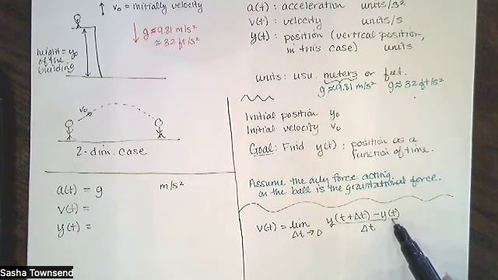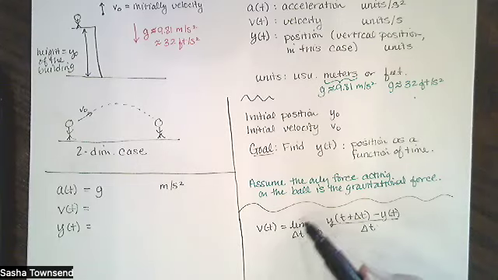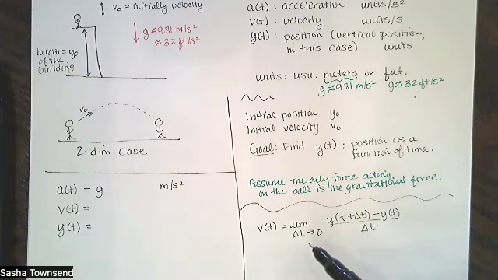It's just change in position, also known as displacement, over change in time. We want it at a particular moment in time, which requires us to take the limit as delta t goes to 0. That's the definition of velocity.